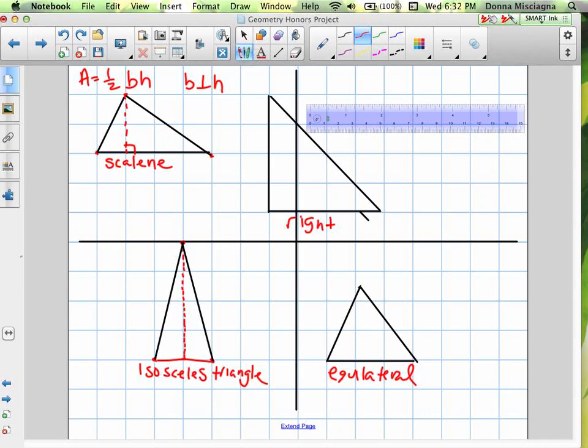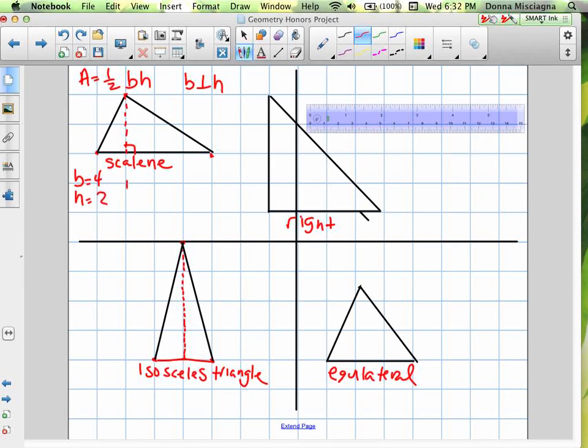Okay? So here we have a scalene triangle. The base is 1, 2, 3, 4. Well, it's supposed to be 4. They would connect properly. It would be 4. Oops, why did I write that? Probably because I'm thinking of the next thing. And the height is 1, 2.